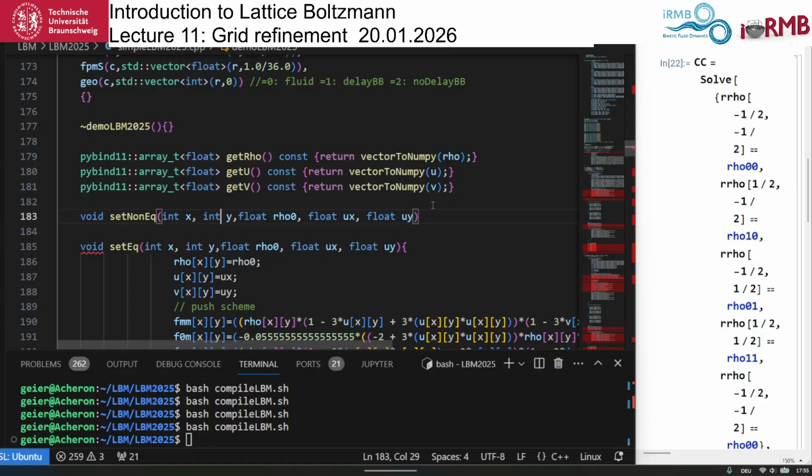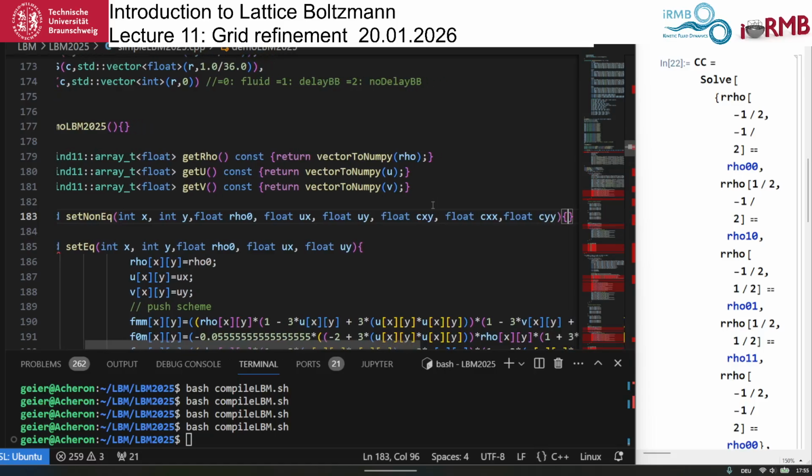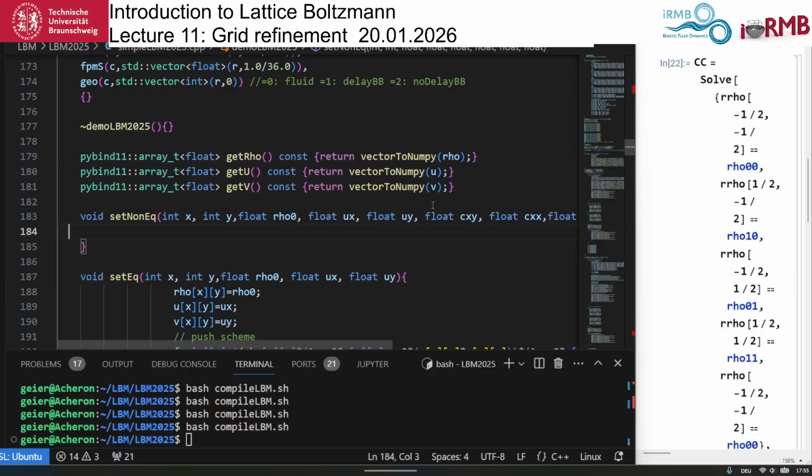So we need to get the x and y and rho and okay, so what in addition to this, we also need float cxy, float cxx, and float cyy. Okay. To set these things too.